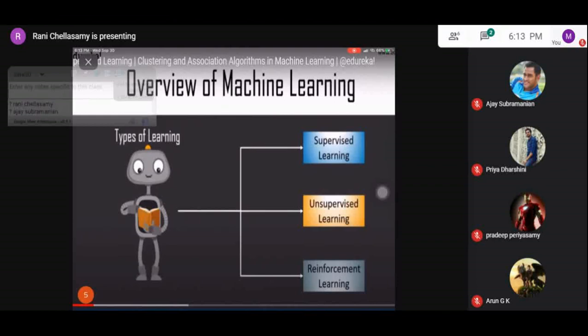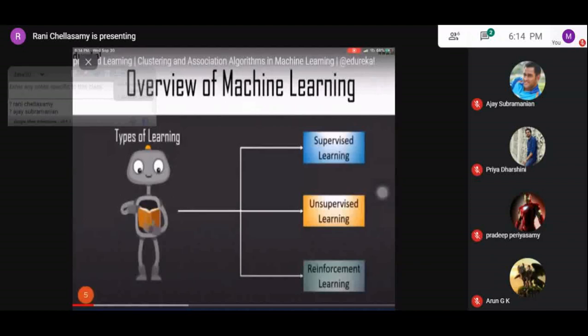You will be given the input training data sets, and you will know the output class, how it will look or how it can be achieved. All will be known to the user. That is the case of a supervised machine learning algorithm. Under supervised machine learning, classification and regression will be there.